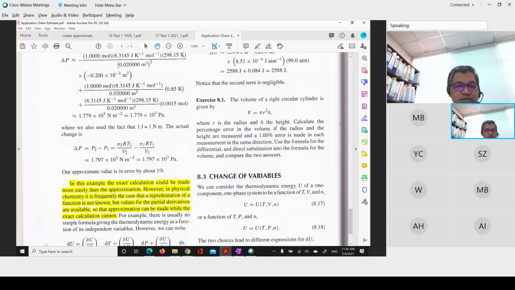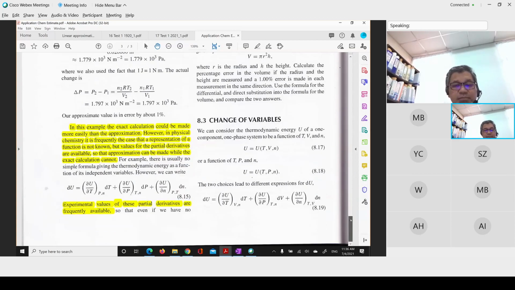However, this is important. In physical chemistry, it is frequently the case that a representation of a function is not known, but values for the partial derivatives are available, so that approximation can be made while the exact calculation cannot. So there are cases where the exact formula is not known, but the experimental values of the partial derivatives can be obtained. In such a case, the linear approximation formula is very useful to get a good estimate, right?